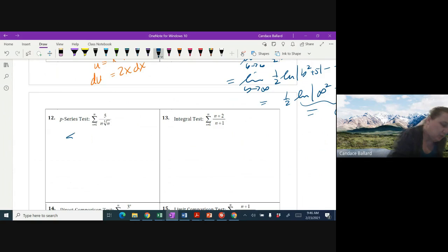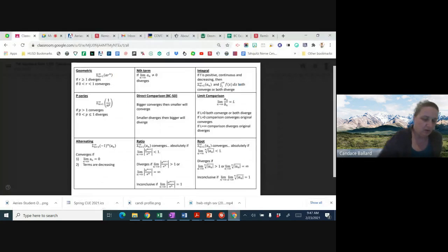So I could rewrite this series as 5 over n to the 3/3 times n to the 1/3, right? That's what you're telling me. And when I multiply, I add the exponents, so n to the 4/3 power. So p is equal to 4/3, and that is greater than 1. Go back to your orange sheet. Do we converge or diverge?